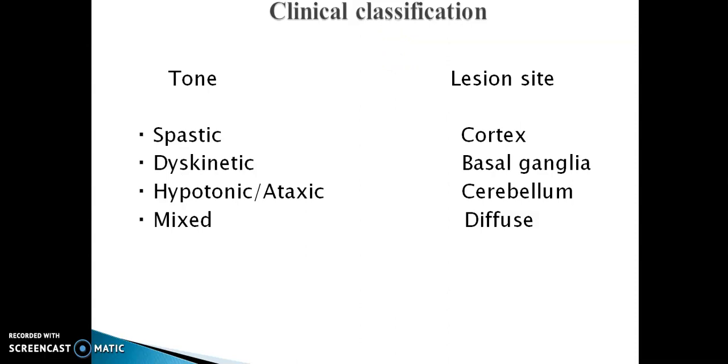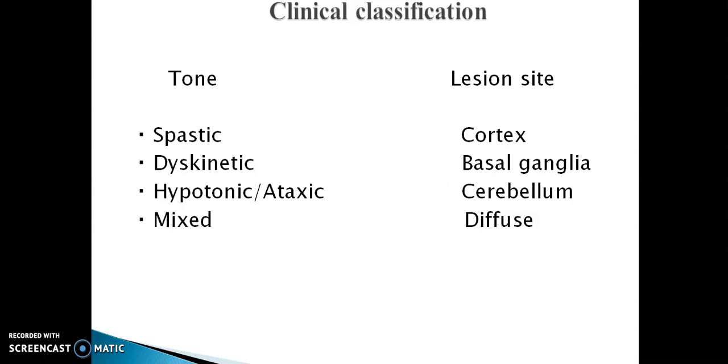The muscle tone variation may lead to spasticity, dyskinetic abnormalities, hypotonia, ataxic cerebral palsy, or mixed. In mixed, it will be a combination. It will be difficult to identify whether the muscle tone is spastic or ataxic, hypotonic, or choreoathetotic or not choreoathetotic. Those kinds of muscle tone changes.